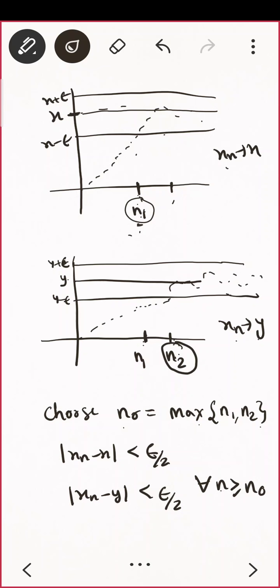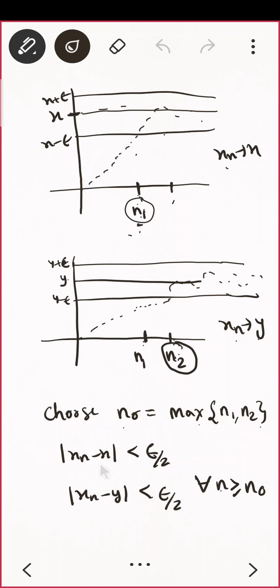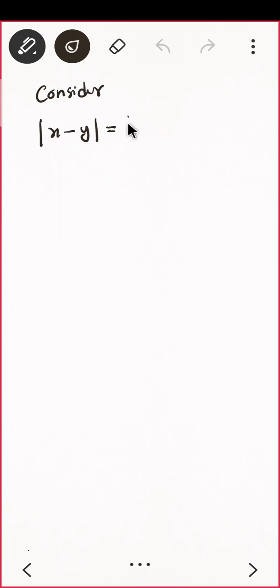Okay, now let us consider mod of x minus y. Do you remember, to prove something is equal, I told you you just need to prove that mod of x minus y is less than something. I am having something which is related to xn, so I may add and subtract xn in between, correct? So I may write x minus xn plus xn minus y. Can I do that?